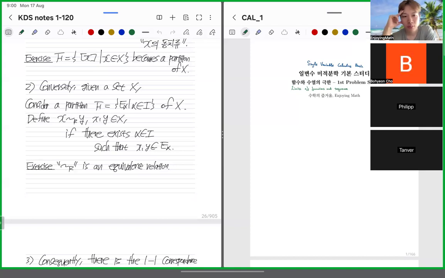So we have to show that this is reflexive. In terms of reflexive, X is related to X, such that X and X belong to some element in the partition.